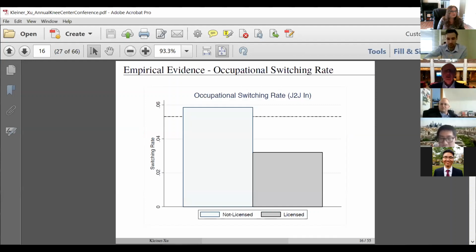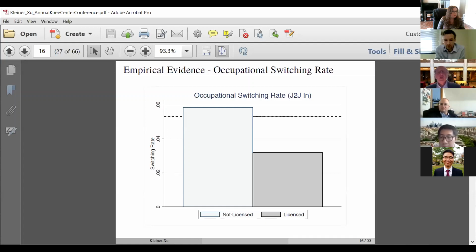These are the switching rates. This is J to J, that is, people who are moving job to job, and I'm going to give you lots of different mobilities. These are people moving from job to job and people who moved into a licensed occupation. These are the rates in the CPS, for individuals who are switching, with no controls. These are just the basic data.